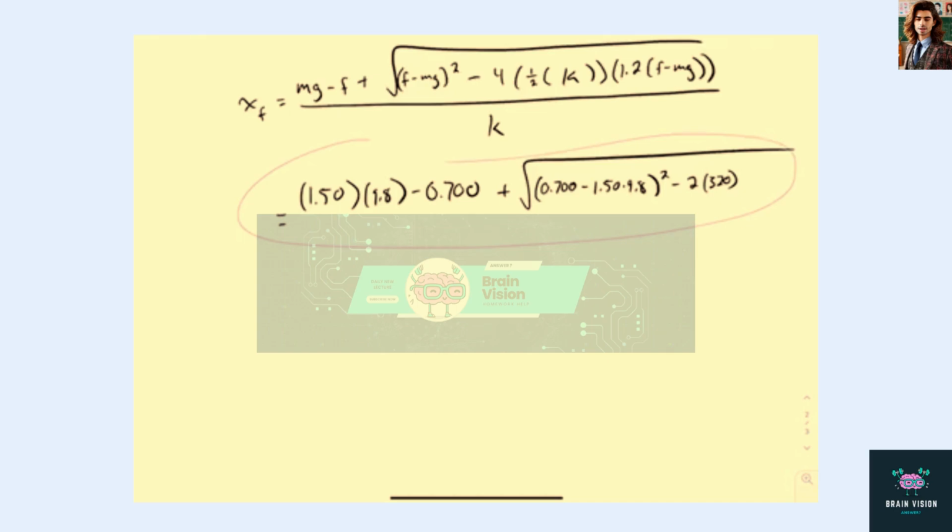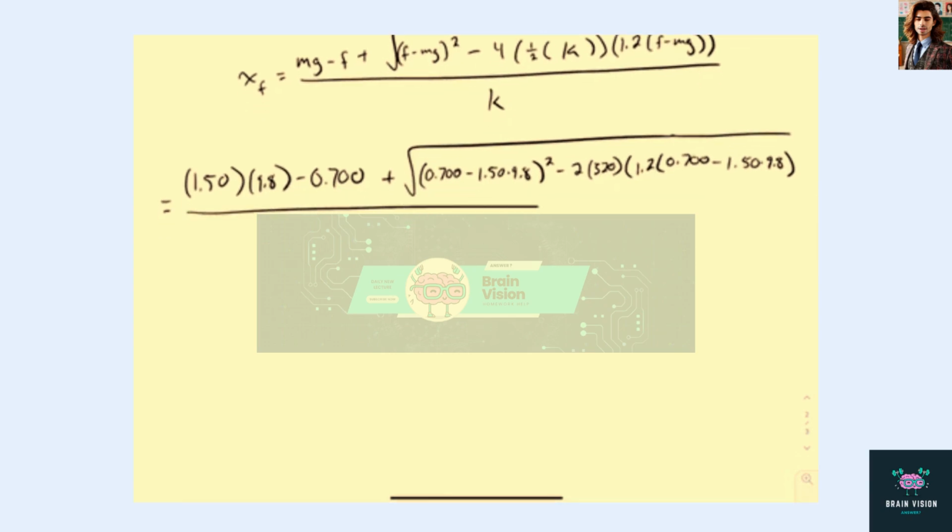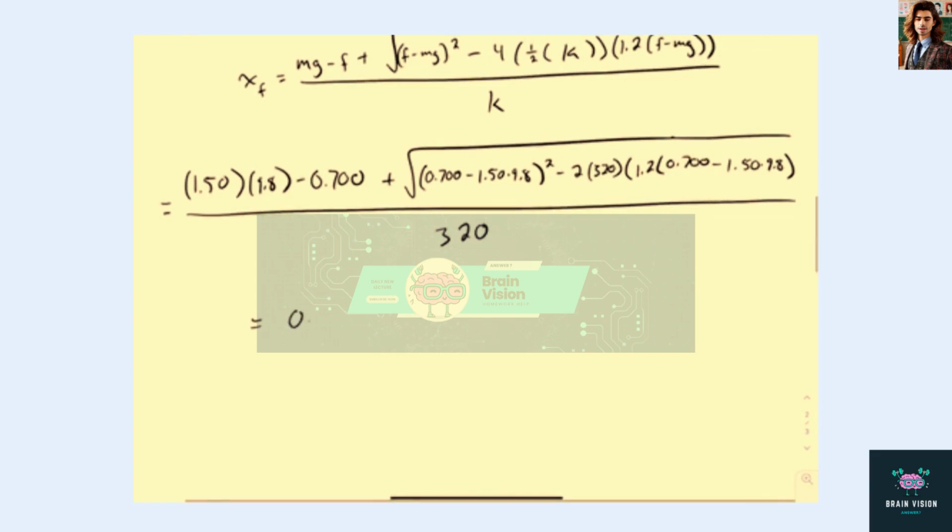I'm actually going to move this over a bit. Times 1.2 times 0.7 minus 1.5 times 9.8. Okay, and then divide all of that by 320, and it only changes the answer by a little bit. Now we get 0.371 meters.